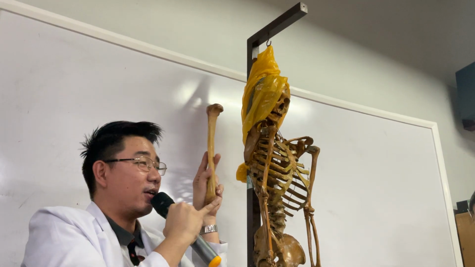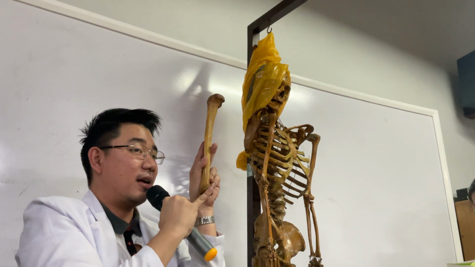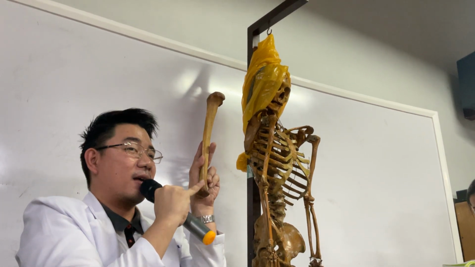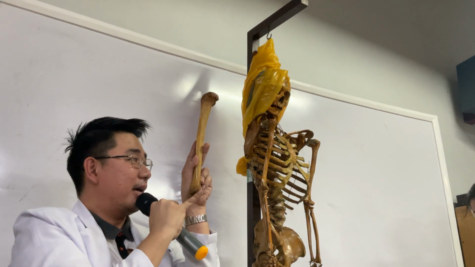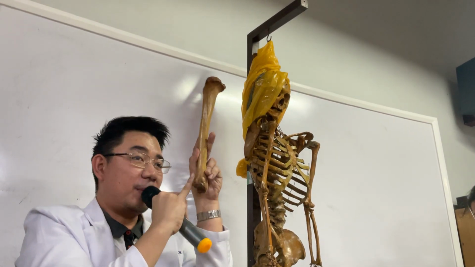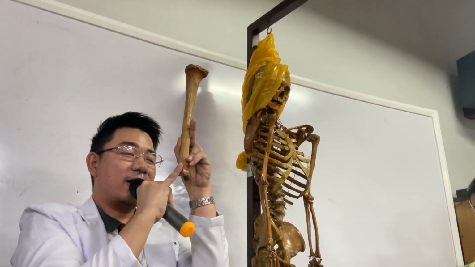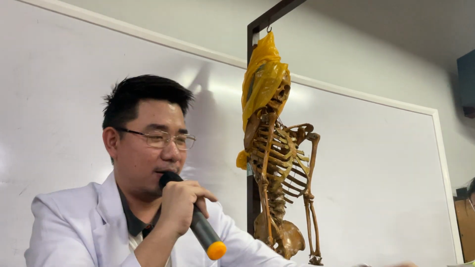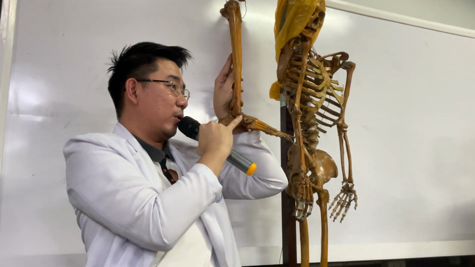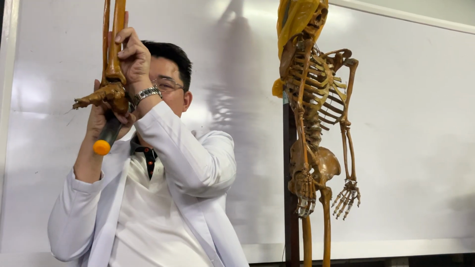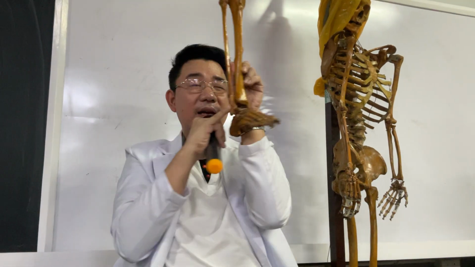So you have the articular surface for the fibula. The fibula is now the one that's carrying the lateral malleolus. So this one here is the lateral malleolus of the fibula.